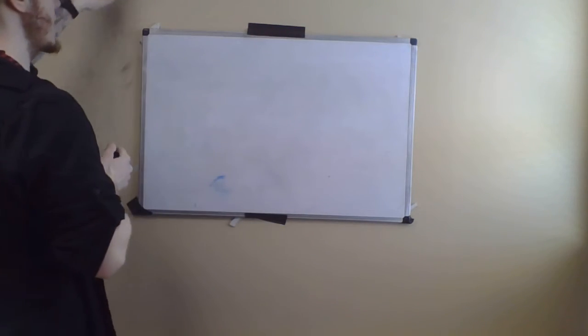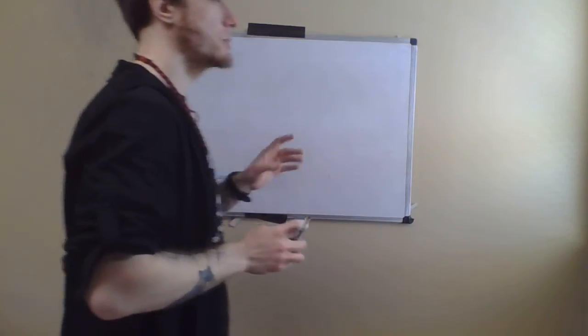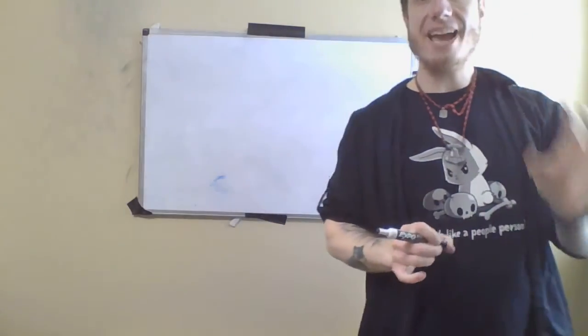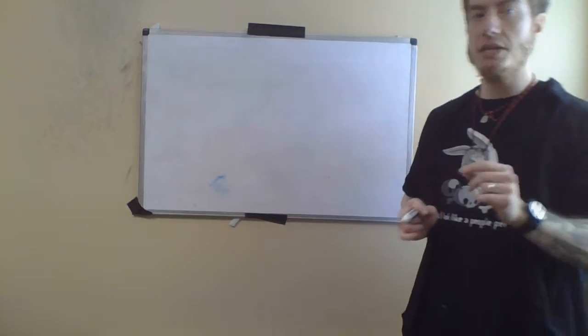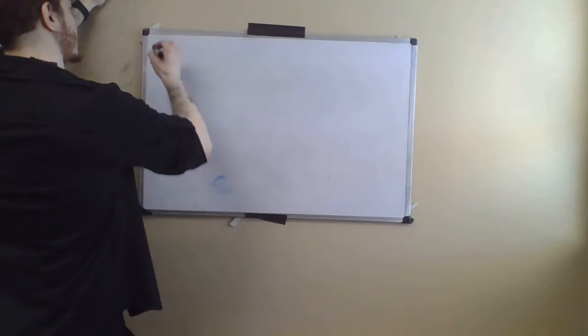So the first thing that we are going to say is we want to look at maximums and minimums. And there are really two different types of maximums and minimums that we deal with in mathematics.